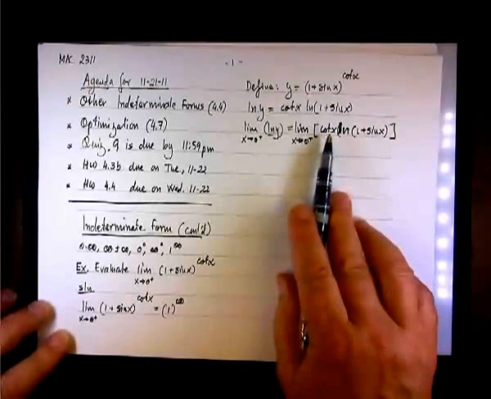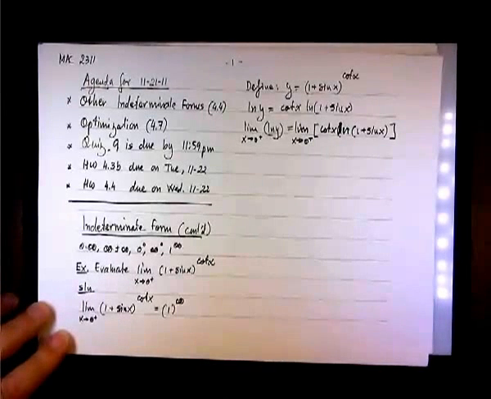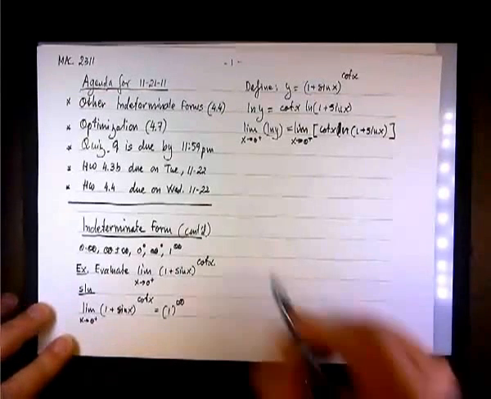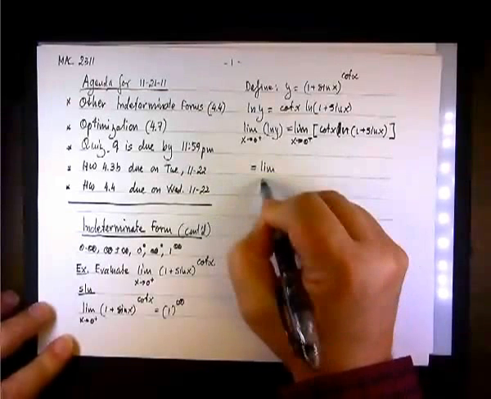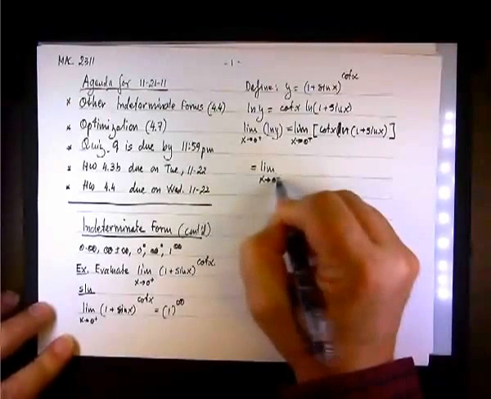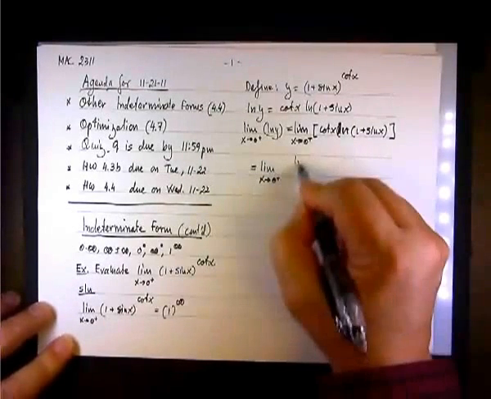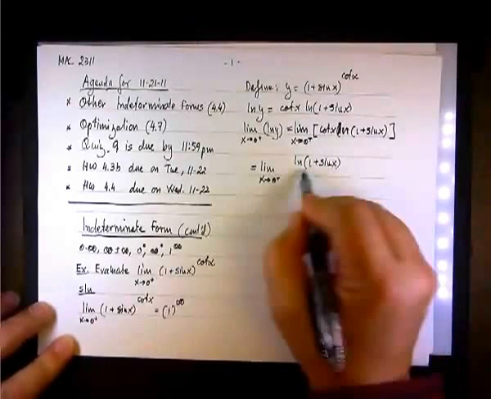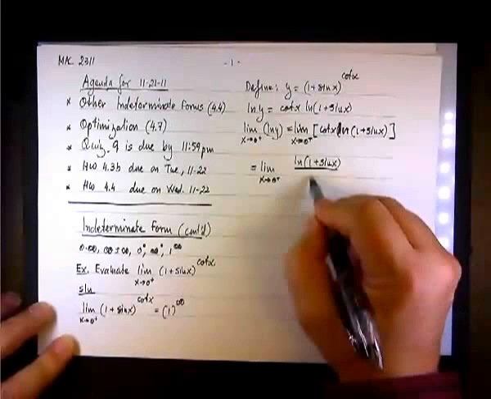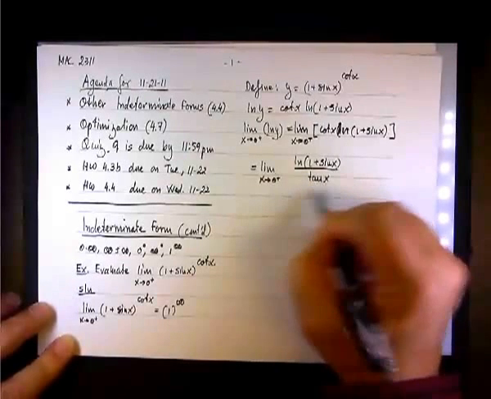Well, one thing I can do is to realize that the cotangent is 1 over the tangent and use this fact. So on the right side now, we have the limit as x approaches 0 plus of the natural log of 1 plus sine x divided by, instead of the cotangent, the tangent.